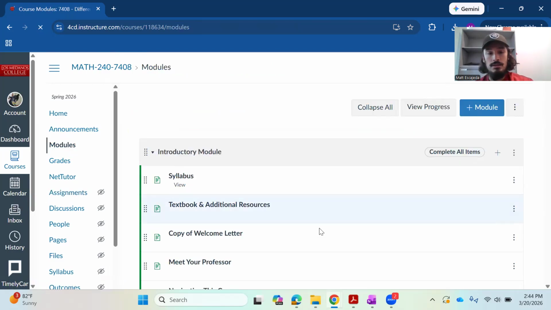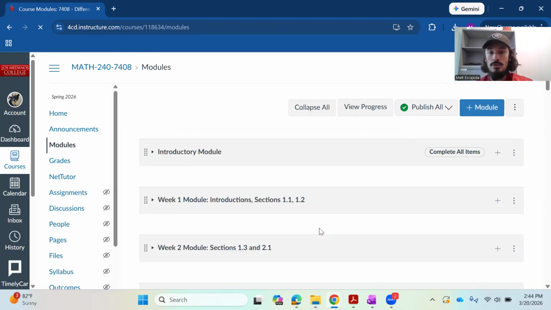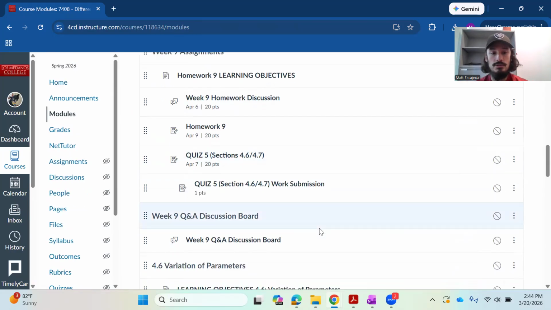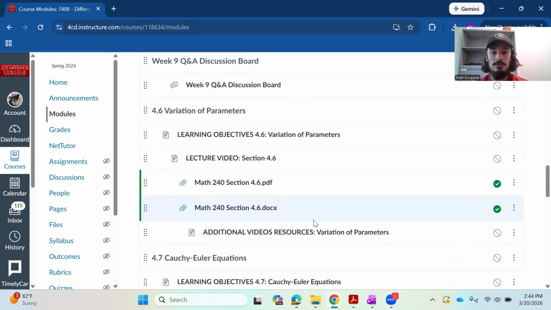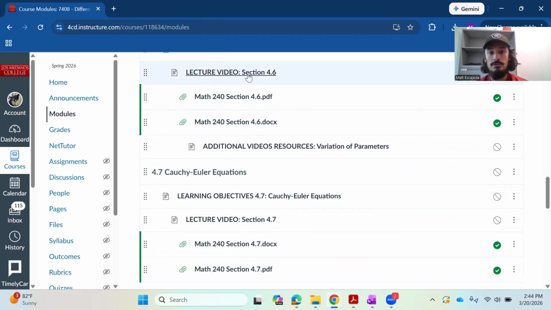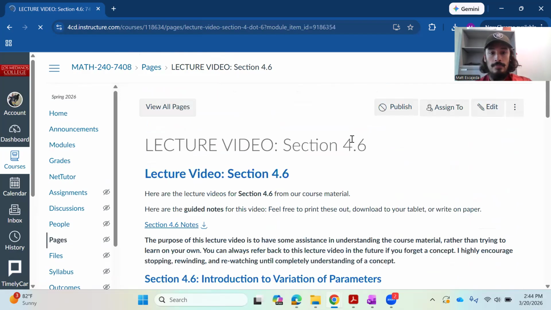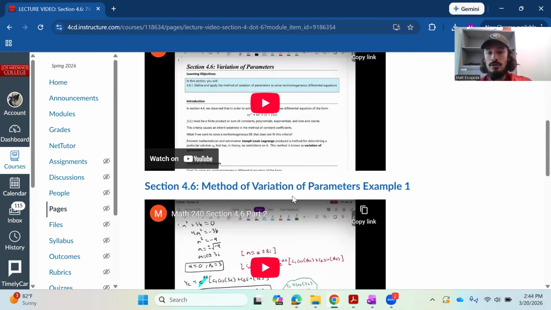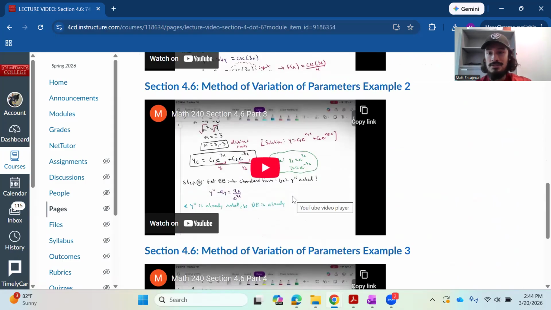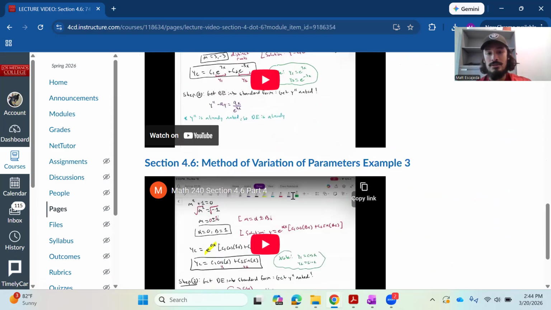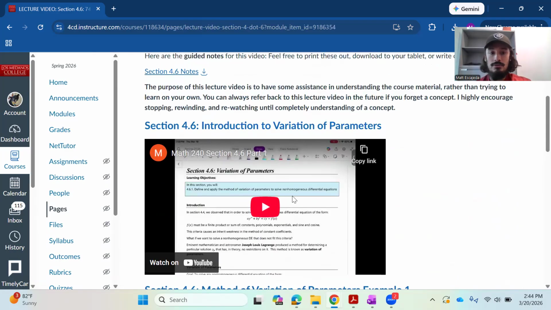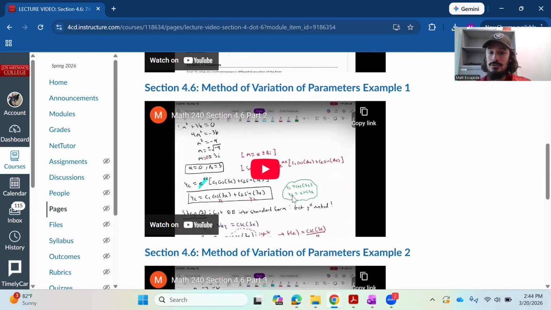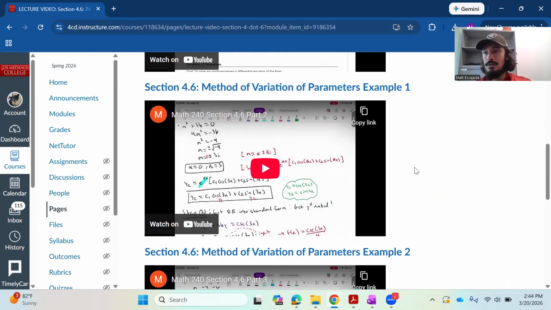And then, make sure you're looking at the notes, you're watching the lecture videos down here below. All right, so here's the lecture video and the notes, and make sure you're watching them and following along, because these are the examples that I assigned for homework and for the exams and things like that. So they're quite long videos, about 20 minutes, but these problems take a long time, all right?